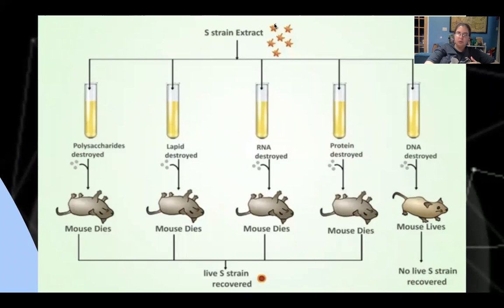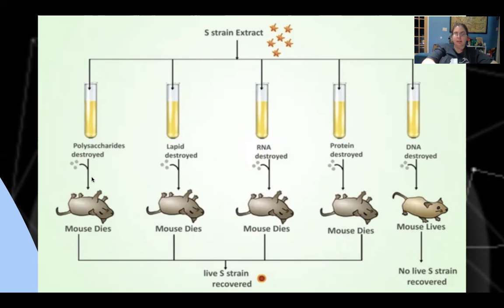They worked with the smooth, virulent strain, but they took different macromolecules from it, destroyed just that particular one, then injected it into the mouse and looked to see what happened. In one case, they destroyed the polysaccharides, which are a type of carbohydrate, of the S strain.